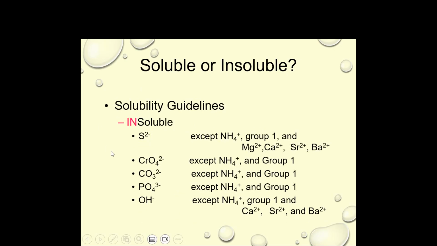So this is kind of redundant for the chromate, the carbonate, and the phosphate. And then there's hydroxide, which has the same kind of rule: ammonium and group 1, but they also add calcium, strontium, and barium. These are situations where calcium hydroxide would be soluble, strontium hydroxide would be soluble, barium hydroxide would be soluble.